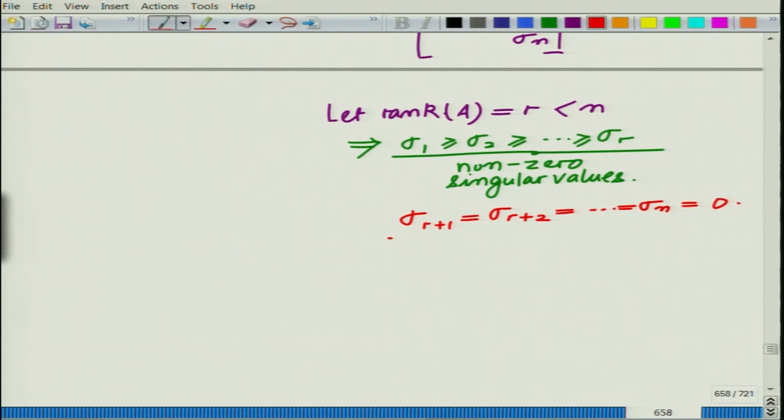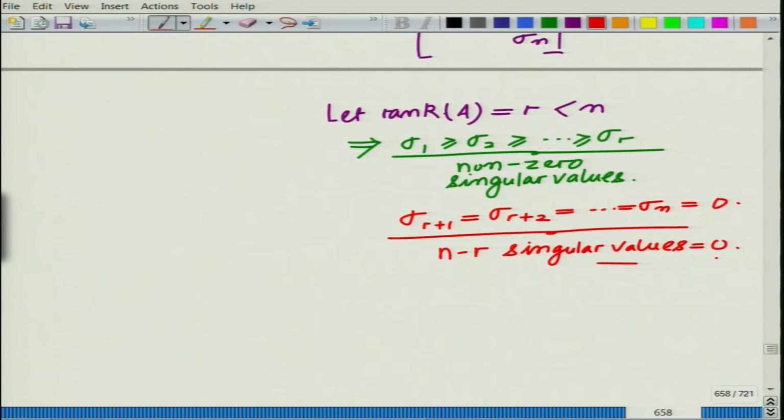These are 0. You have n minus R singular values equal to 0.